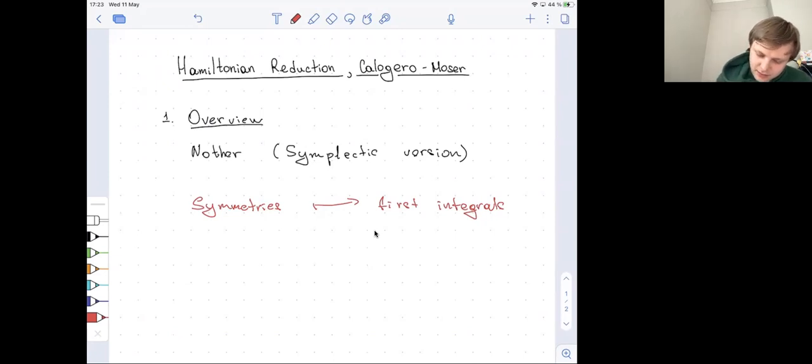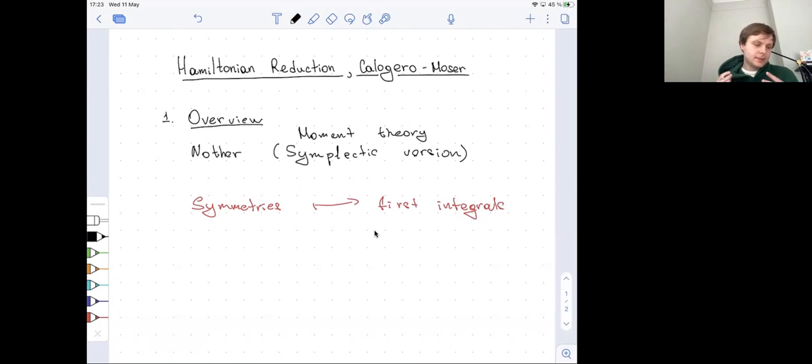In a sense, what I call the symplectic version, or better say the moment map theory, is a very explicit version of the Noether theorem.